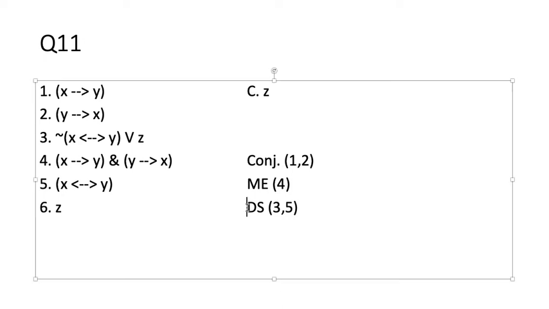So DS on 3 and 5 gives me Z. So here I have X if and only if Y. And here I have, it's not the case that X if and only if Y, or Z. Well, given this and this, I can do disjunctive syllogism to get Z. And that's my conclusion.